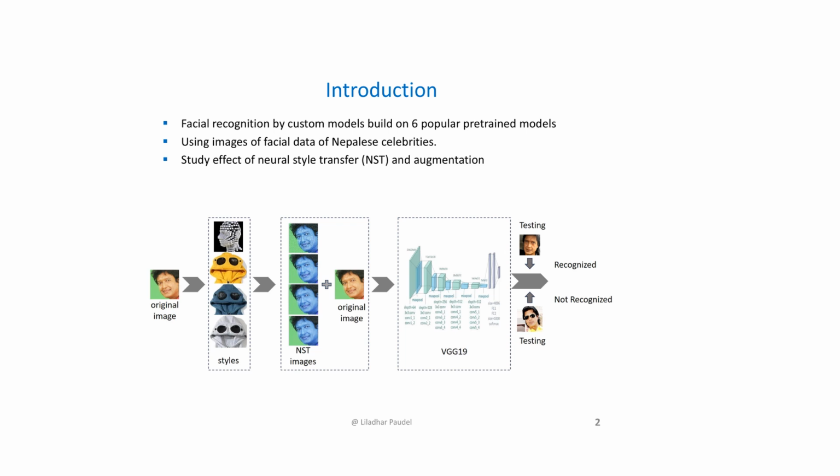To test the models, I need images which are not exposed to the models, and I have those images categorized as testing. I use those testing images to test whether those methods can recognize the images of the celebrities. In this way, I develop the method and test the method.